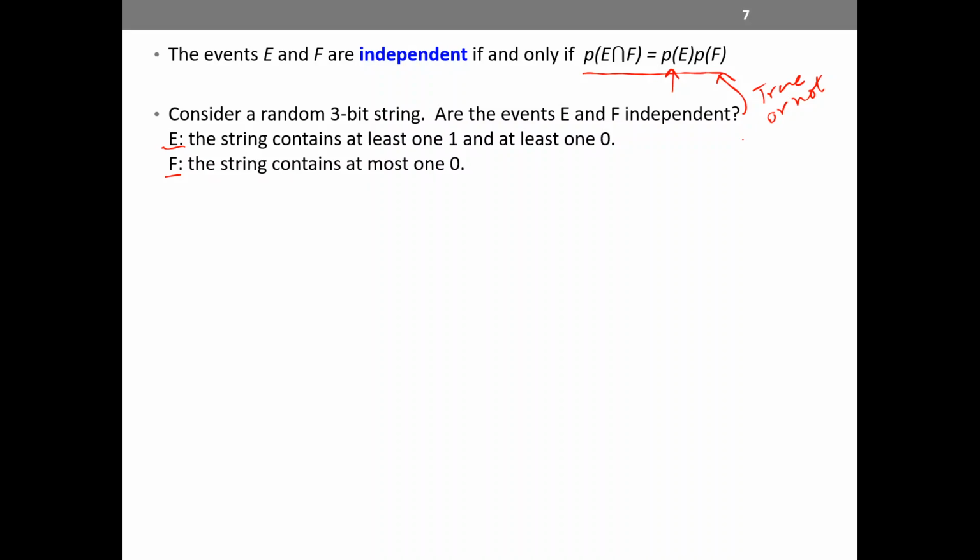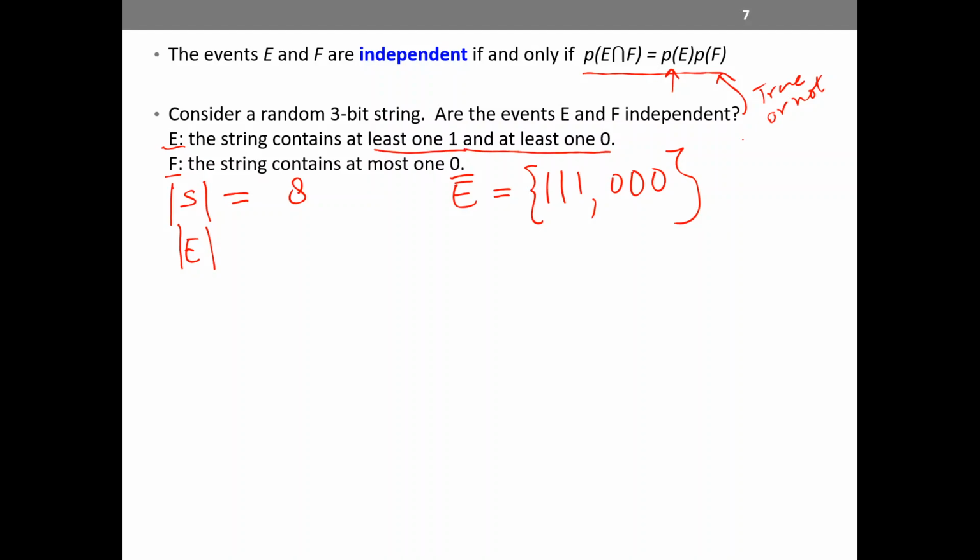So what is my sample space? It's a 3-bit string, so 2 cubed, which is 8. What is my E? The string contains at least 1 one and at least 1 zero. In this situation, I think it's easier to find E bar, which means what is not in E. The strings that are not in E are 1, 1, 1 and 0, 0, 0, because we are looking at strings that contain at least 1 one and at least 1 zero, so both have to coexist.